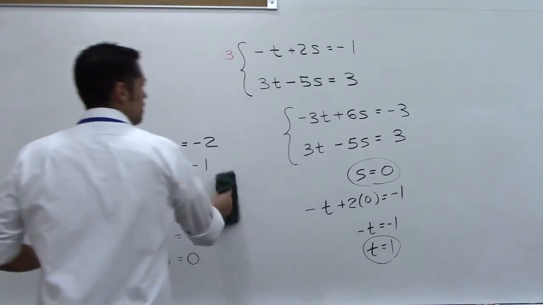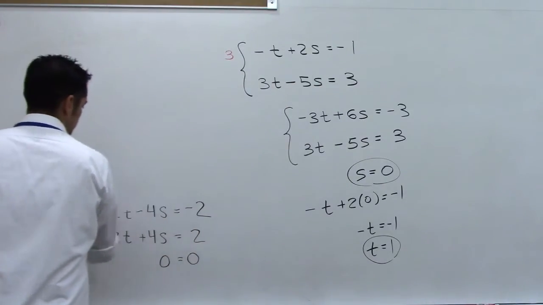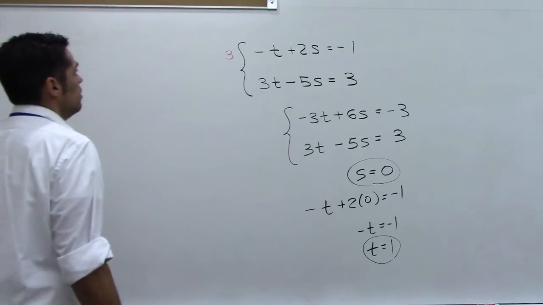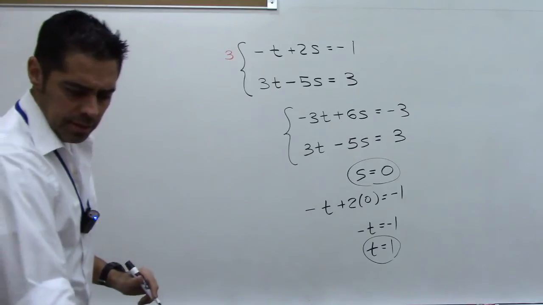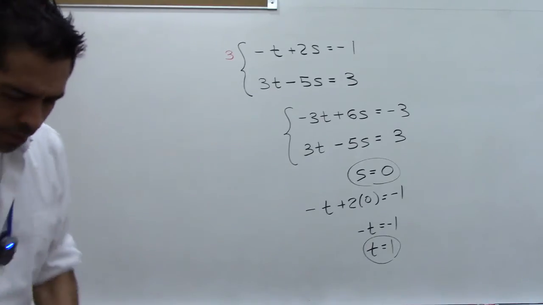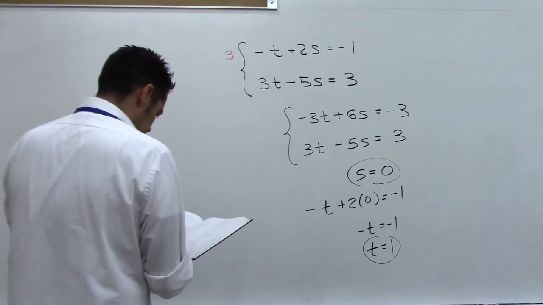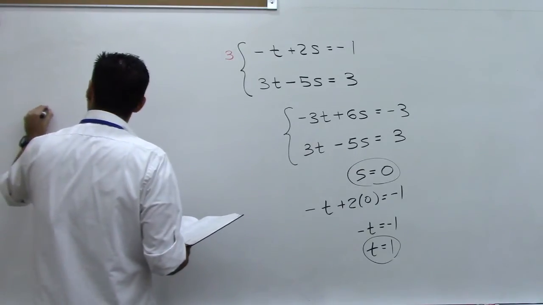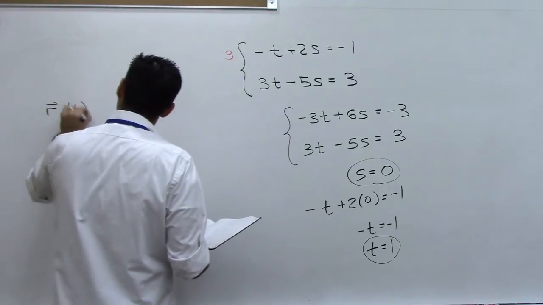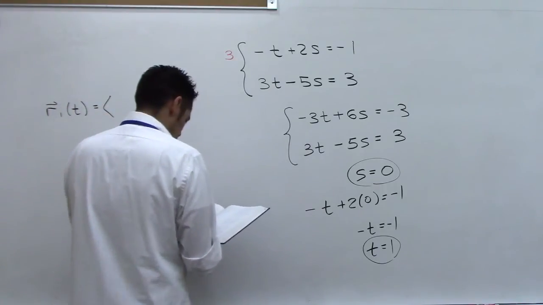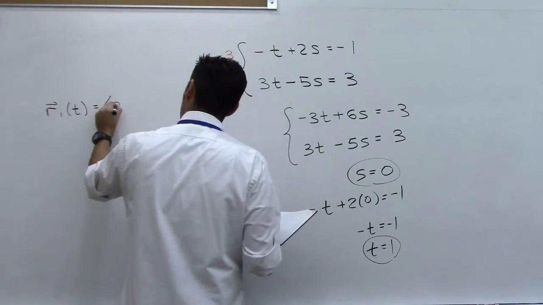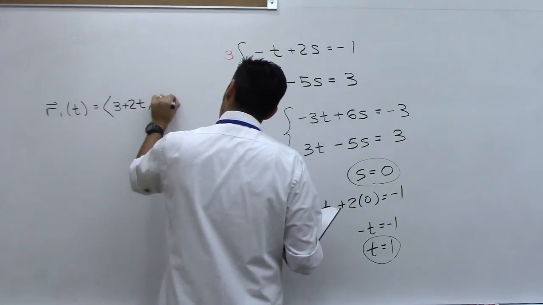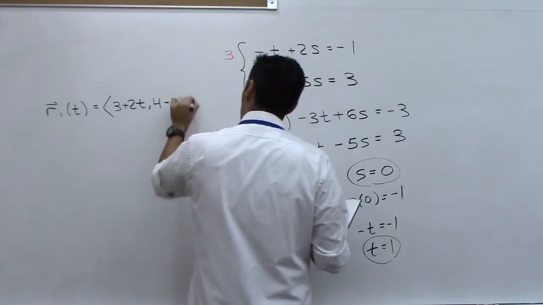However, we need to check it. Okay? So I had erased them, so let me put them back up here. Which number was this? This was 17, right? So remember I'd said R1 of t was the vector 3 plus 2t, 4 minus t, and 1 plus 3t.